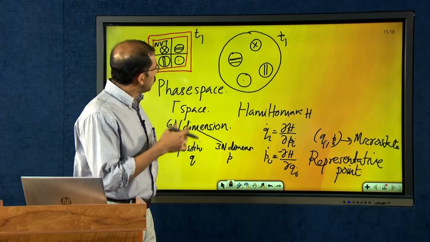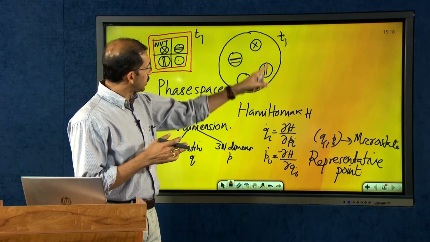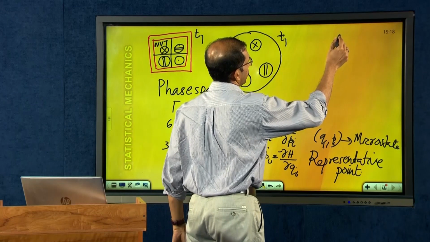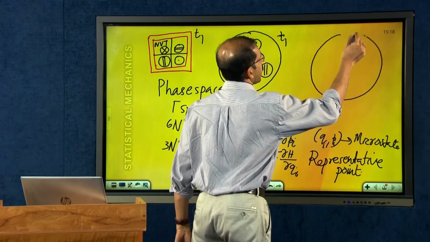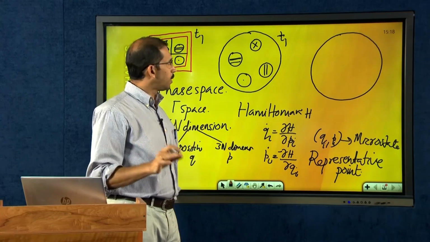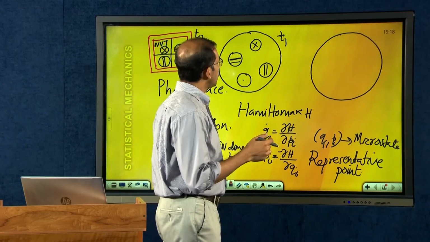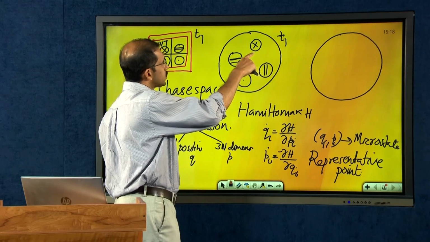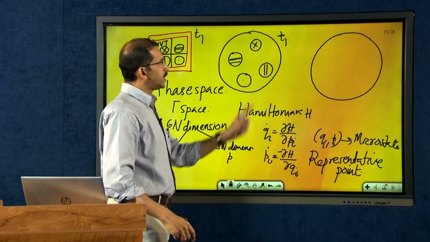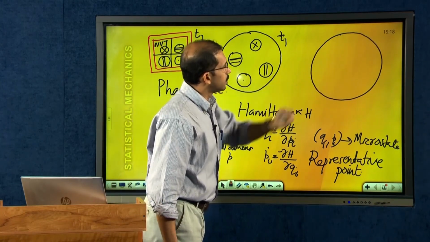Now, as I told you, what will be the picture or the hypersurface at a later time T2? The same hypersurface, because with the time the energy is not assumed to change, but here definitely I can always assume that the position and the momentum, or the representative points, will change their position or representation in the phase space.